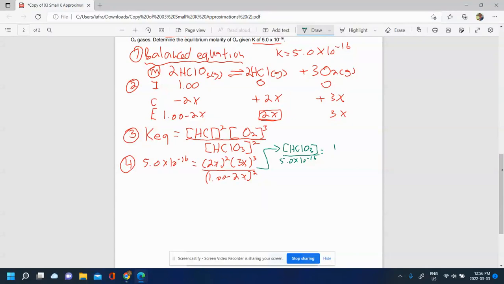So I'm just going to write that as 1 over 5.0 times 10 to the power of negative 16. And we get about 2 times 10 to the power of 15. So we get a very, very high value. This is much larger than 100. So what does that mean about our assumption?